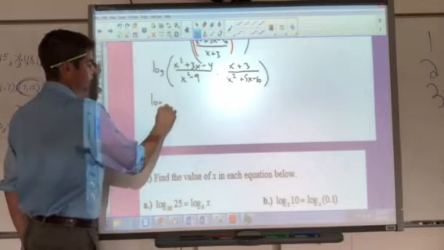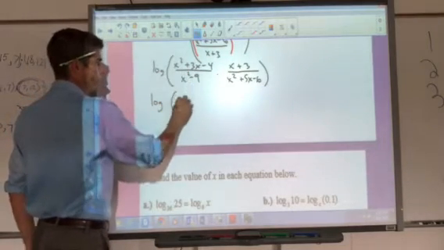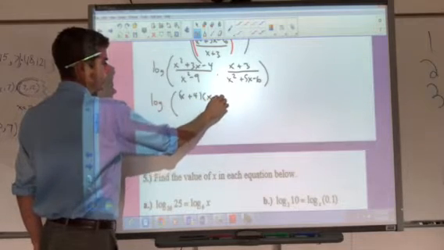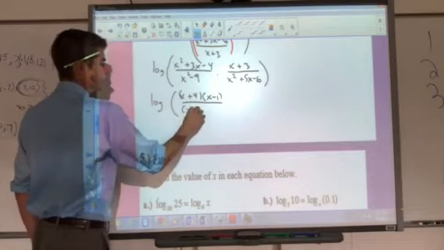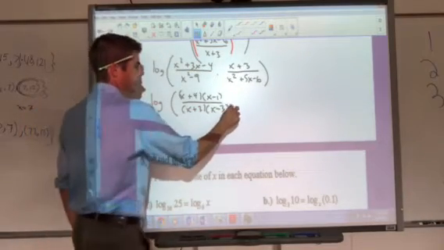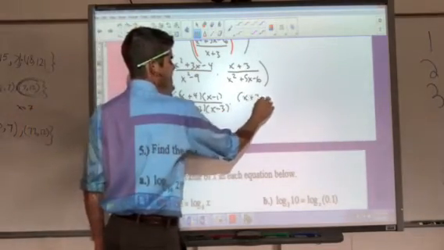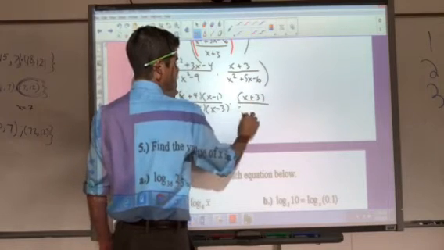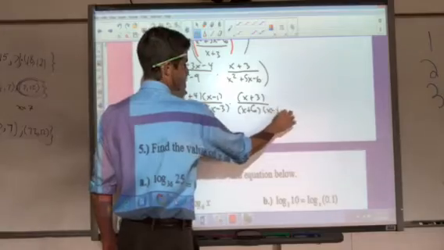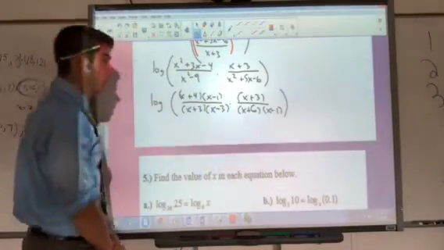So log of, so this would be x plus 4 times x minus 1. This is x plus 3 times x minus 3. Here's another x plus 3, and this could be x plus 6 and x minus 1. And so then we just look for common factors.